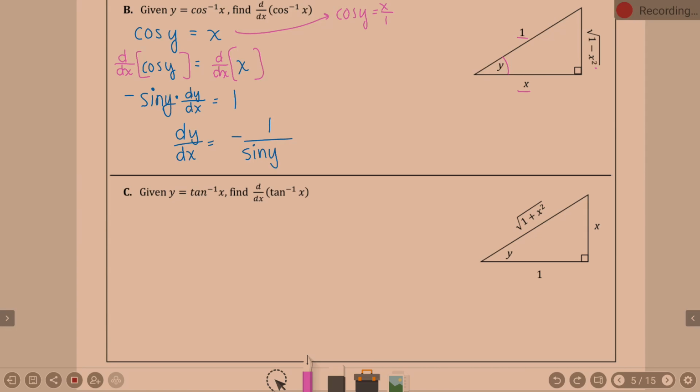Okay, so the idea that it's x squared plus, I'm going to say b squared again, equals 1 squared. In other words, I'm using b for this side here. So if I solve that, b squared is 1 minus x squared, and b is the square root of 1 minus x squared again.